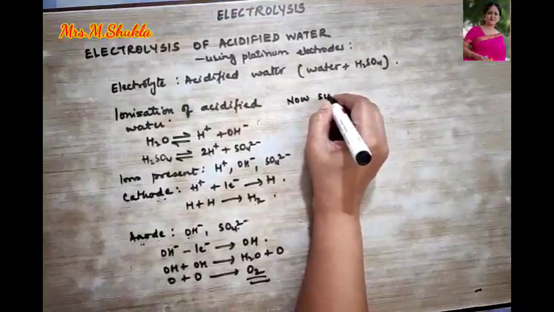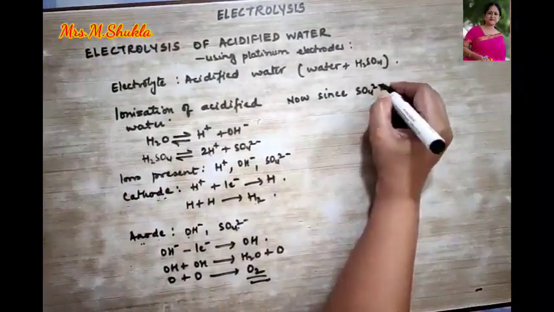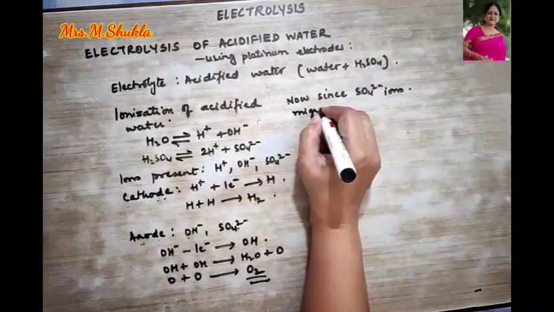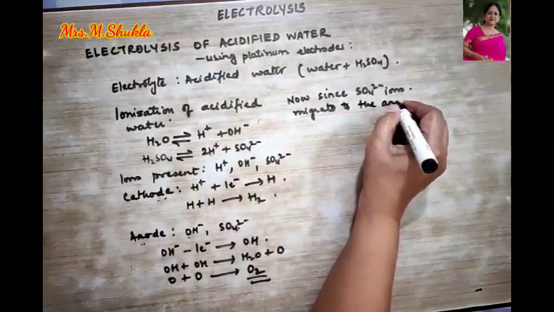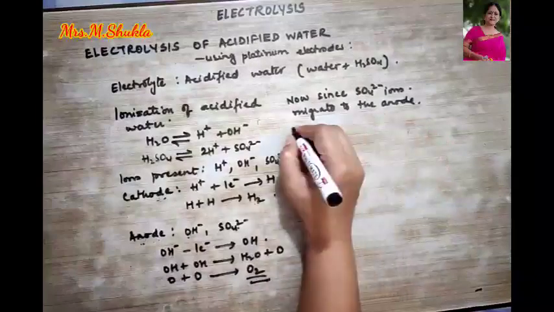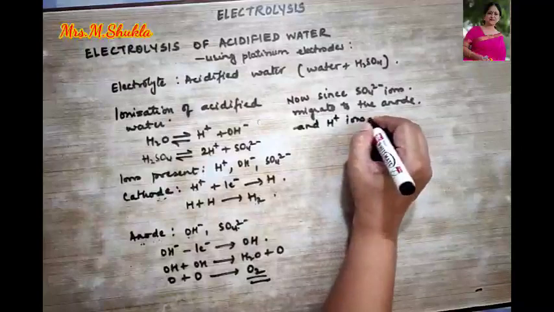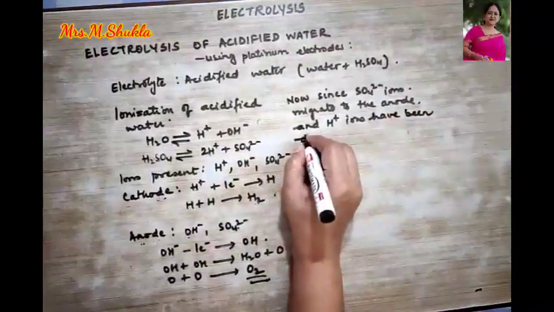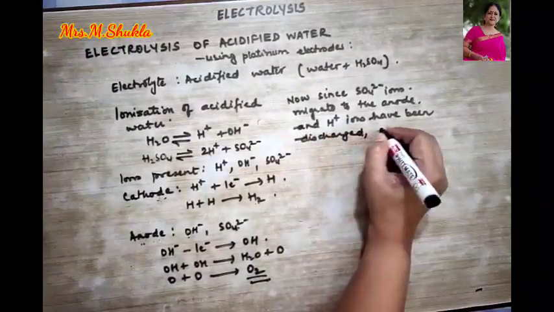Now since sulfate ions migrate to the anode, isn't it? Sulfate ions migrate to anode, and hydrogen ions have been discharged.